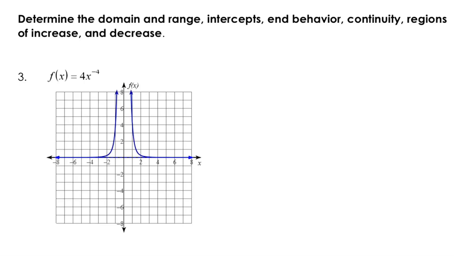Now, let's move on to question 3. Determine the domain and range, intercepts, and behavior, continuity, regions of increase and decrease. And the function is f of x equals 4x to the -4th. Now, let's start with the domain.